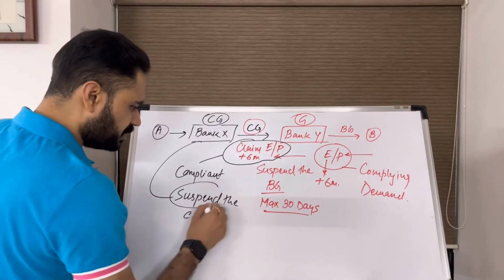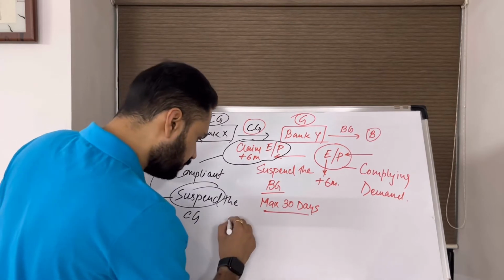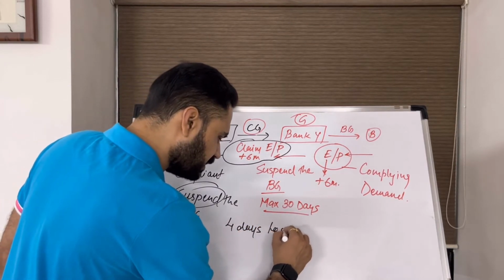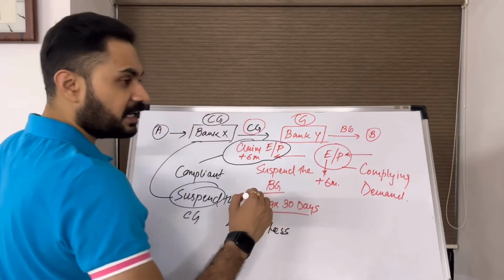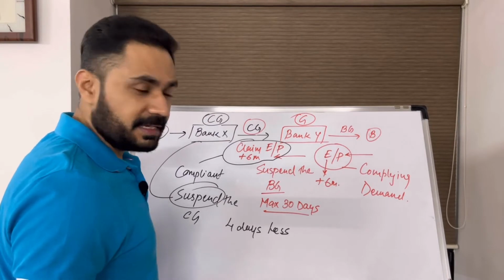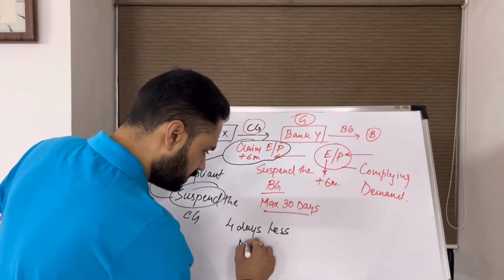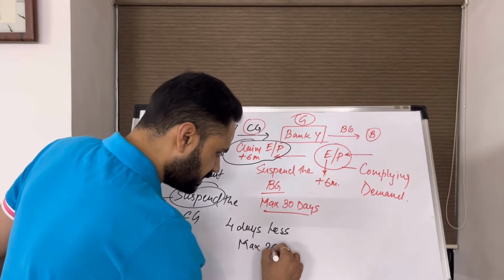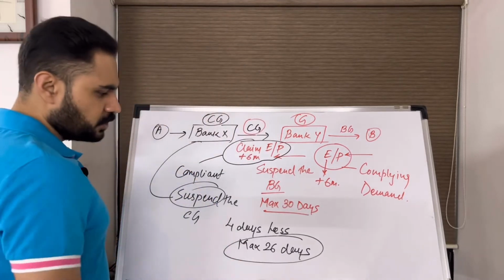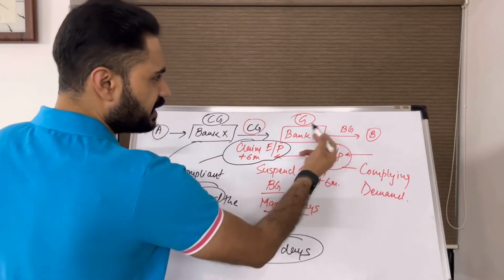Now this suspension will be done for at least 4 days less than the time period for which bank Y has suspended the guarantee. So this will be max 26 days. So for 26 days the counter guarantee will be suspended. For 30 days the guarantee is suspended.